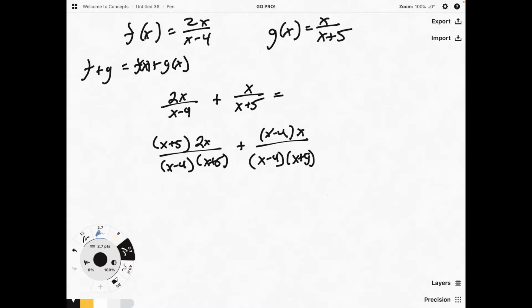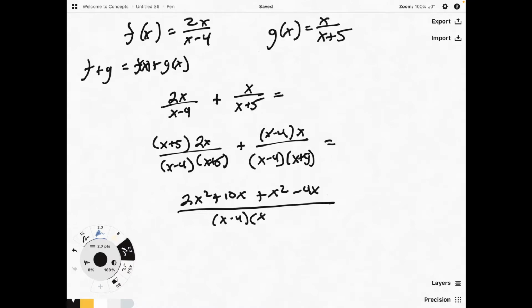Simplifying this will give us 2x squared plus 10x plus x squared minus 4x, and then we're going to have here in our denominator x minus 4, x plus 5.